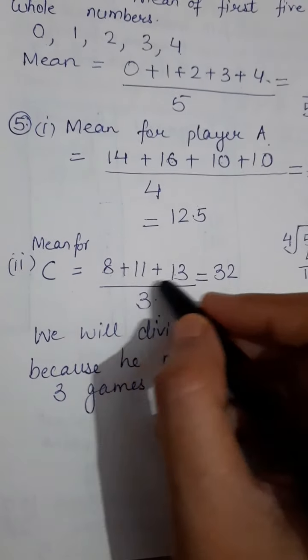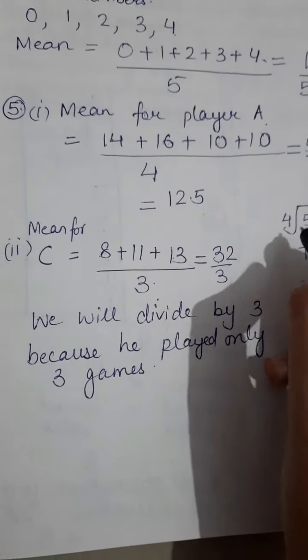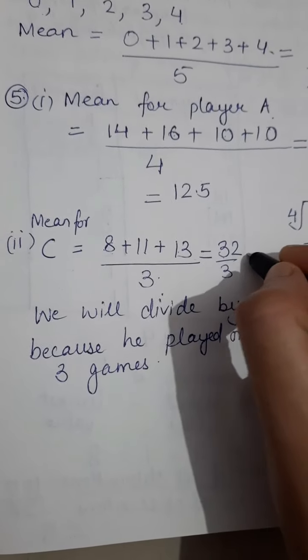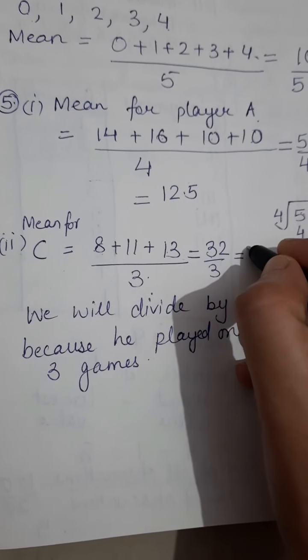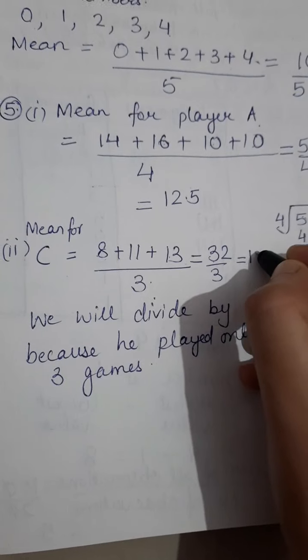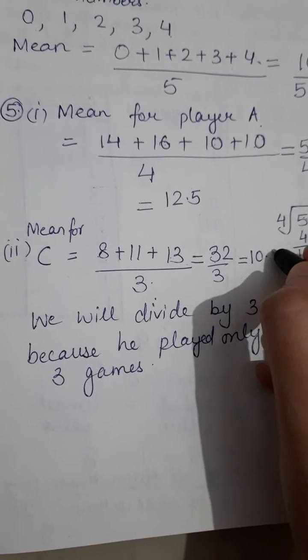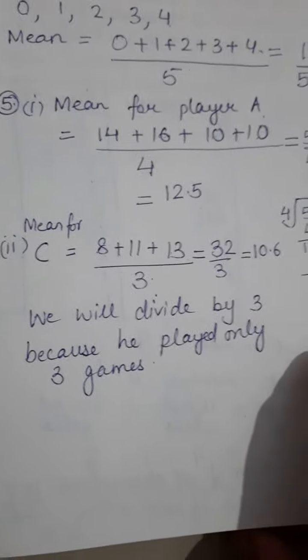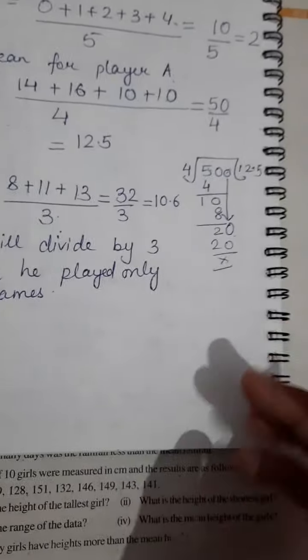When we add these, we get 32 divided by 3, and when we divide 32 by 3, we can find the mean score for C also, which will be 10.6. I am telling you the approximate answer. You can see how I got this.